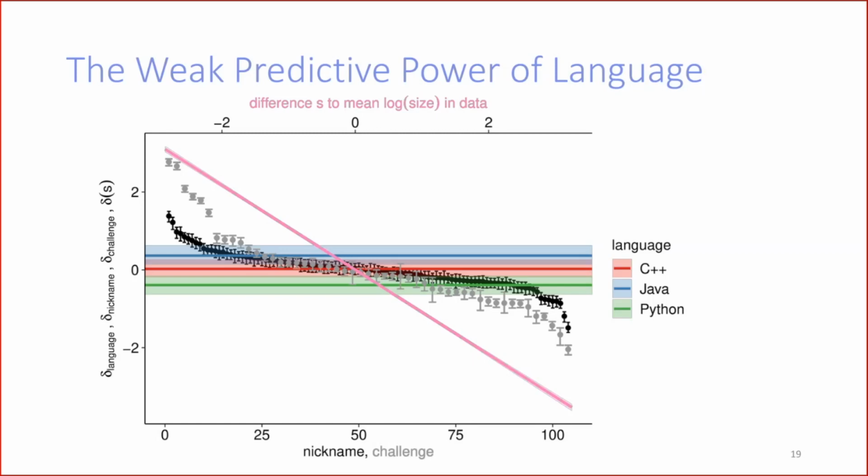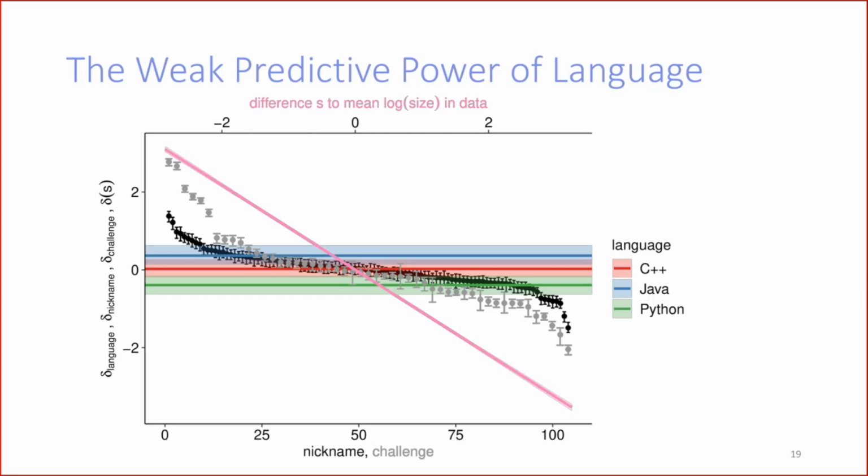And this is the regression line. The pink line is the regression line for the size, which also has a pretty big effect, a pretty big span. So the reason why we found these major differences in the conclusions to our research questions, depending on whether we accounted for causal confounders or not, is that the programming language in particular is a term that doesn't have very strong effects in absolute terms.